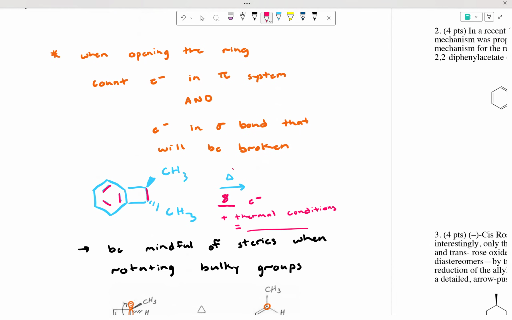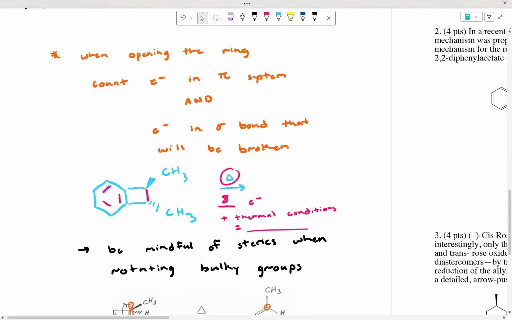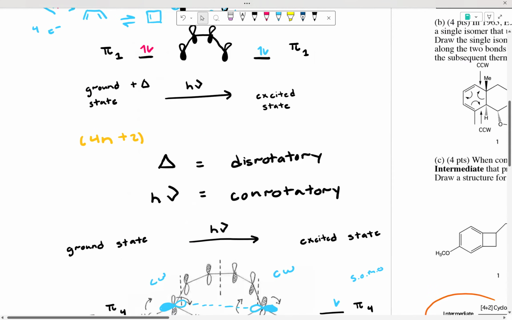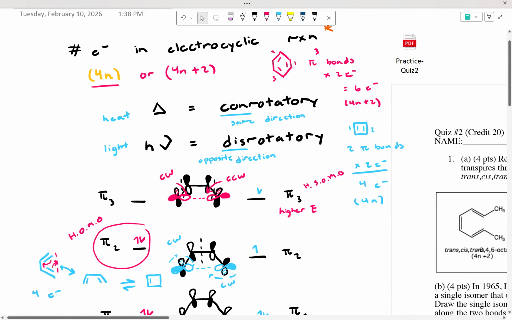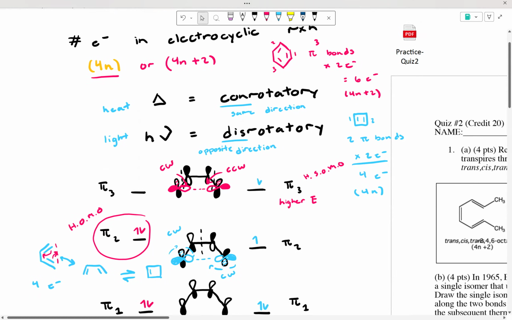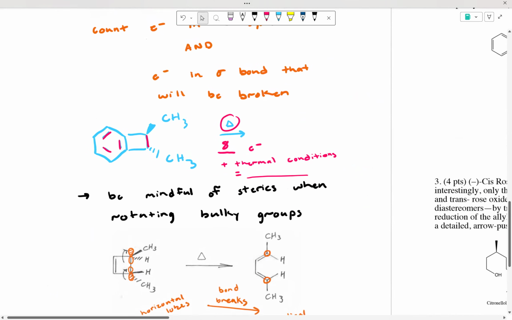And since we see this triangle, that means we have thermal conditions. If we remember from our description, if we have 4n pi electrons and we're hit with heat, we're going to rotate in the conrotatory or same direction.